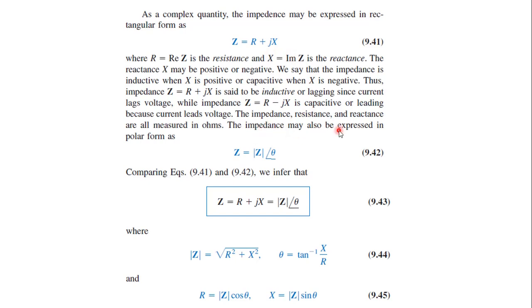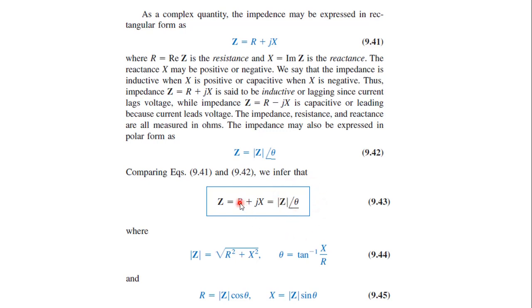This impedance can also be expressed in polar form. We know that Z is equal to the magnitude, the modulus of Z, at an angle theta. So this is the magnitude and this is the phase angle. Let us compare these two equations. Impedance can be expressed as R plus jX in rectangular form and modulus of Z angle theta in polar form.